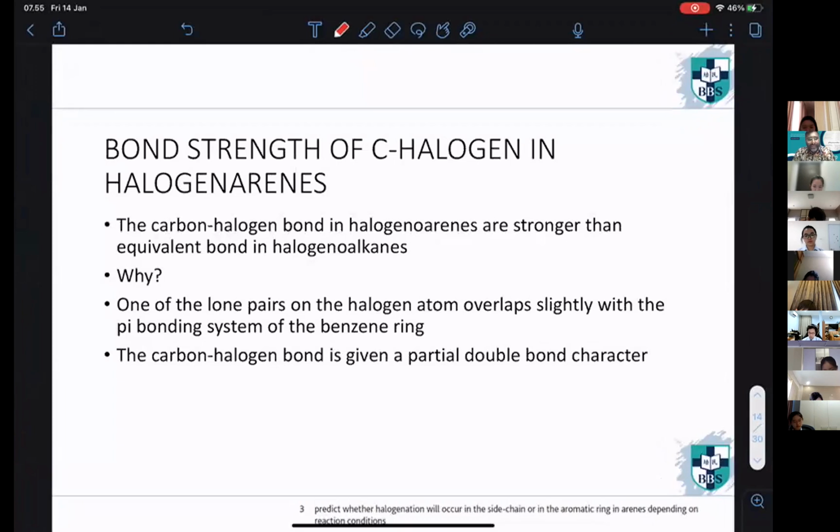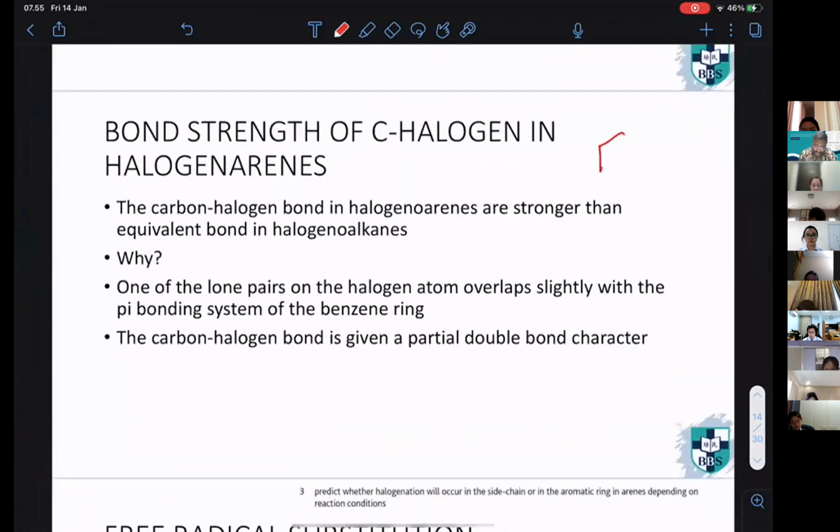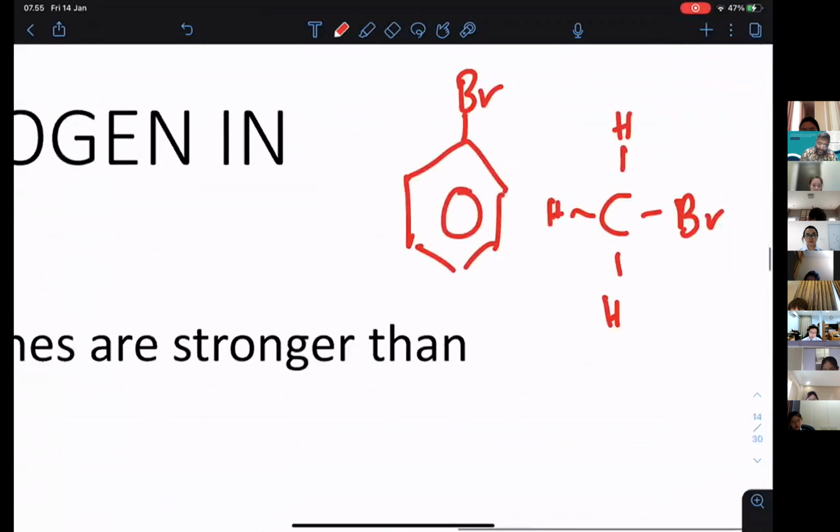The next part is the bond strength. Because we are forming chlorobenzene, bromobenzene and so on, it is important to differentiate the strength of the bond. If you have bromobenzene, they found out that the bond strength of the Br and the C in benzene is much stronger. Why is it much stronger?